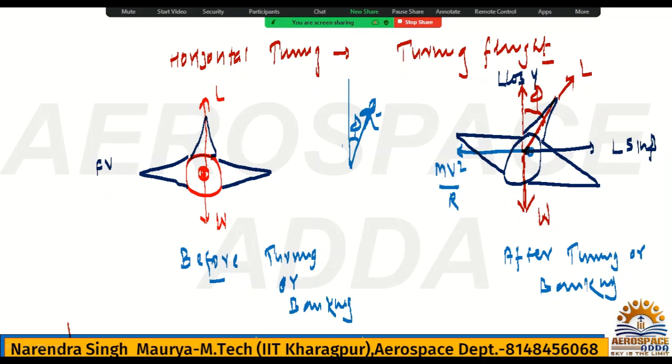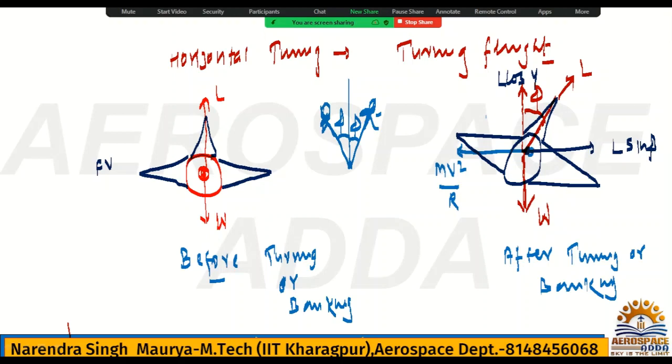In 12th standard physics it was called banking. Hope you understood this. If you are turning this side, your cycle will bank from the vertical plane by phi angle. So turning and banking is a process happening at the same time.